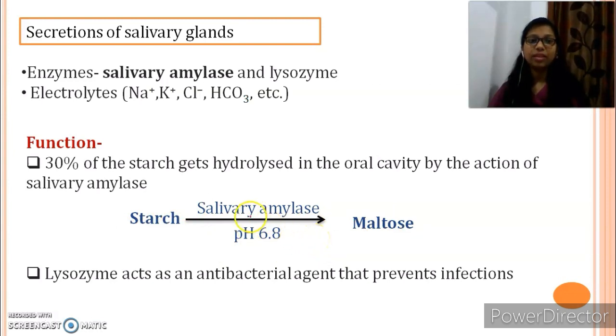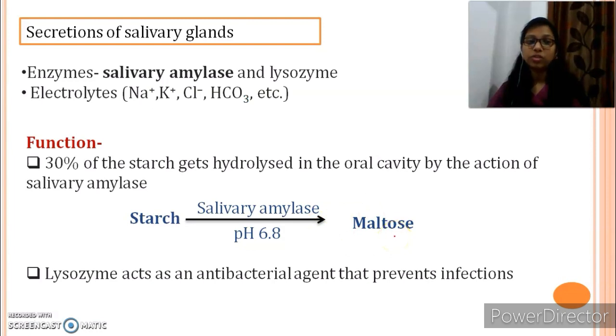The pH of salivary amylase is 6.8. It is fixed, you have to remember this. The pH of salivary amylase is 6.8. And what does salivary amylase do? It breaks starch, which is a type of carbohydrate, into its simpler form, maltose.